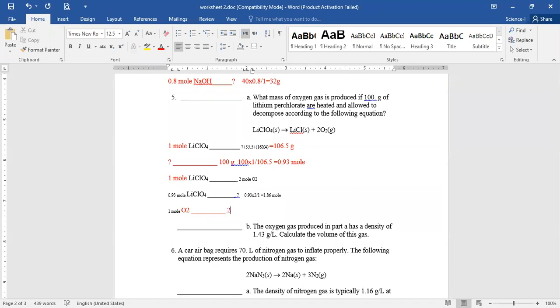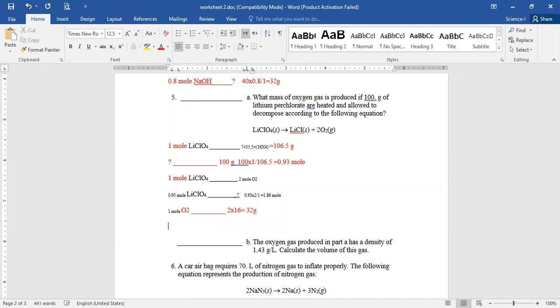It's 2 multiplied by 16, so it equals 32 grams. So how many moles do we have of oxygen? 1.86 moles. So they will produce how many grams? 32 multiplied by 1.86 divided by 1 equals 59.52 grams. Is it hard like this? No. So that's how we could do it.